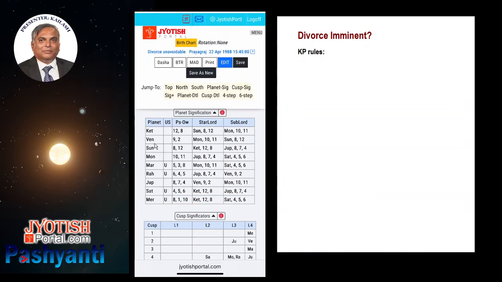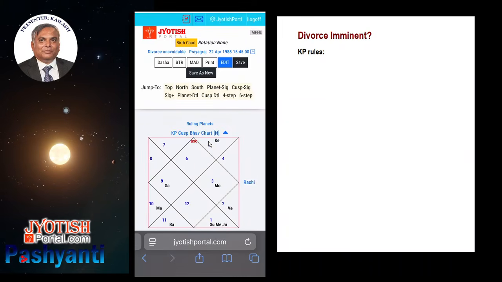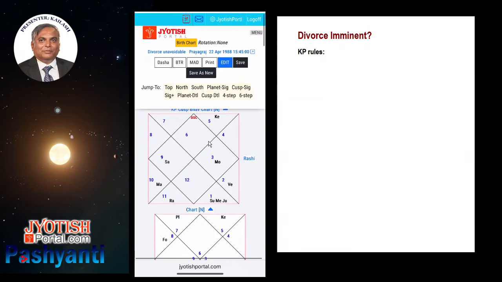Now let's look at Venus. We find that it is a strongest significator of the 10th house, because Venus is in the star of Moon. And if we look at the chart, you see Moon is there in the 10th house, right? And Venus is signifying the 10th house. Not only this, Venus is also the Kutumbakarak.